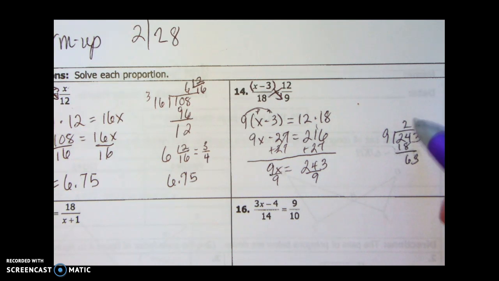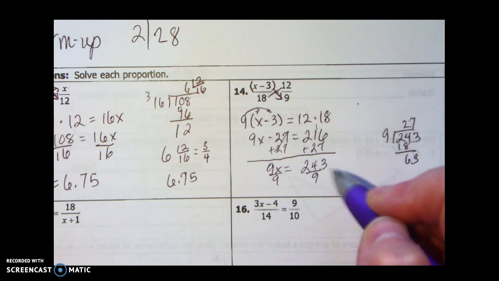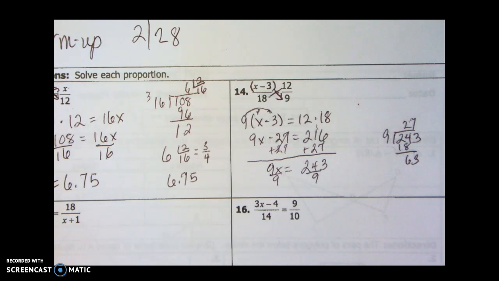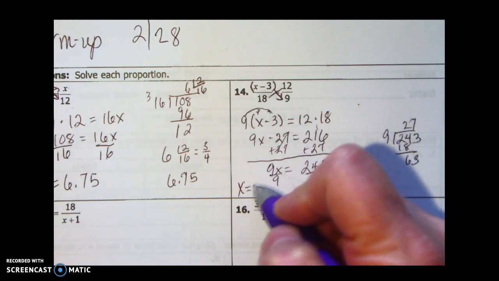Bring down the 3. 9 goes into 63 7 times. Another reason why I want to see you start doing more of the work on the side on your own without a calculator is so that the multiplication will come faster and you'll remember it better. So we get x equals 27.